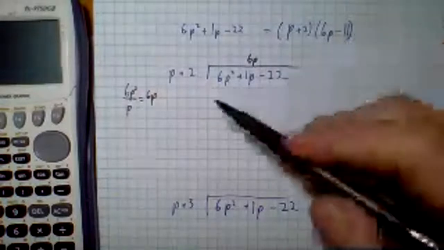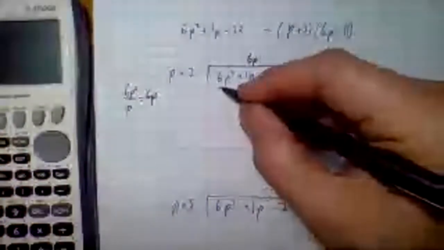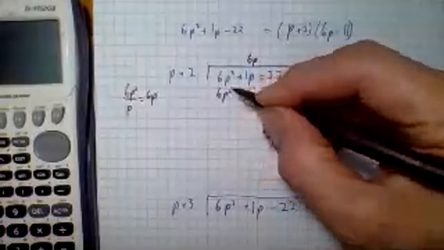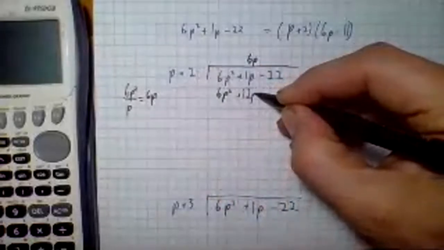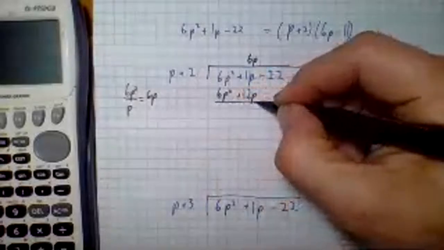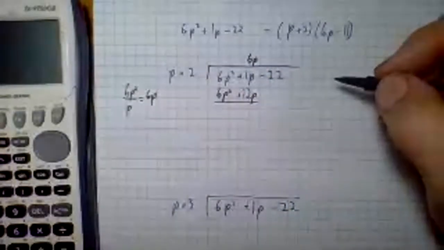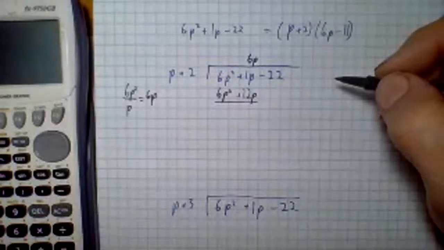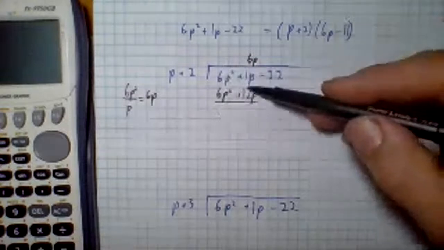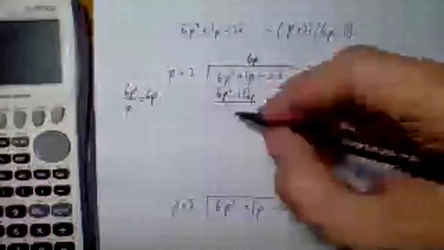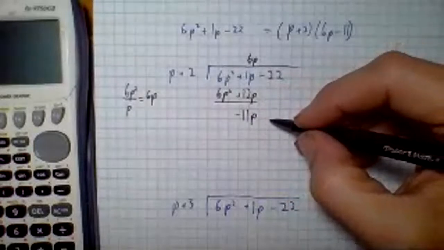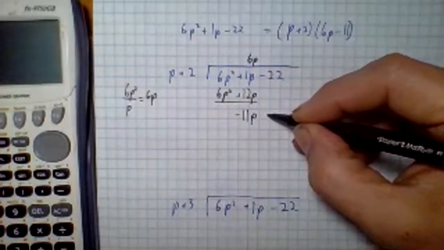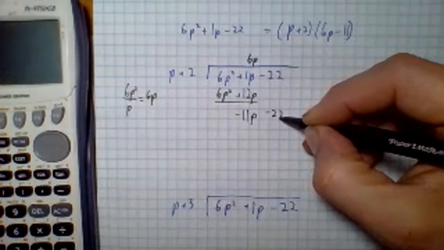And 6p times p is 6p squared. 6 times 2 is 12p, positive 12p. That's what I have to subtract for this one. And in the subtraction, I get 0 here, but I get negative 11p. And I can bring down the next piece now. That's what I'm going to deal with next.